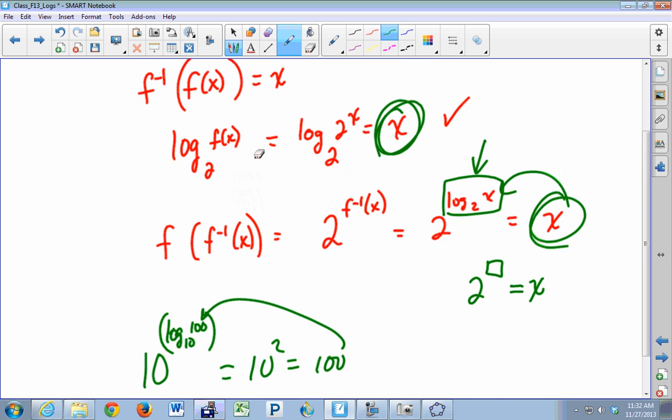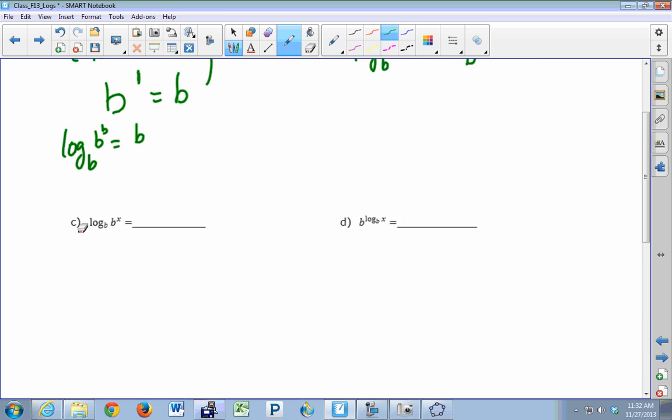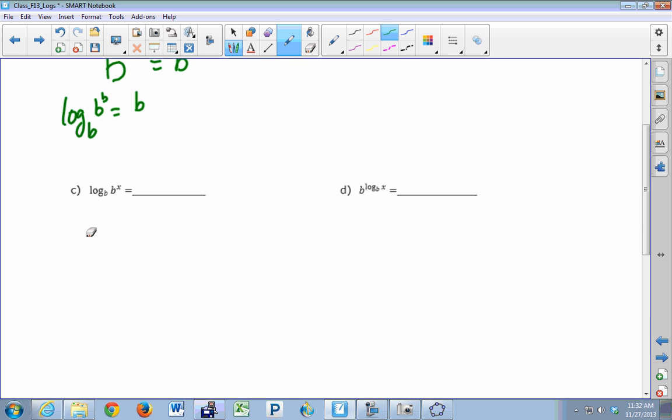So these two properties right here, when you look at them, I want you to see your exponential function. So if you cover this up, you see your exponential function. Your exponential function is being put into your log function. That's the composition of inverse functions. You have to come back with your original input. Here, see b to some power.